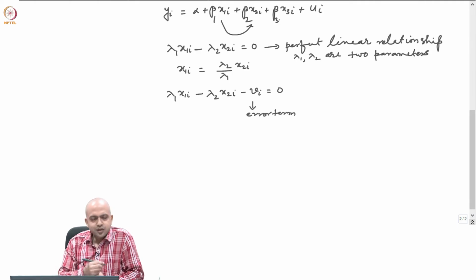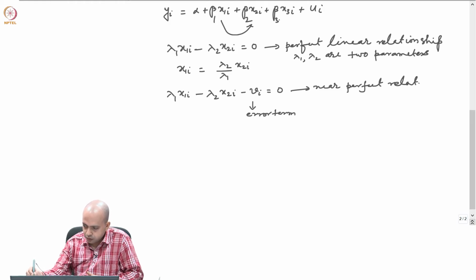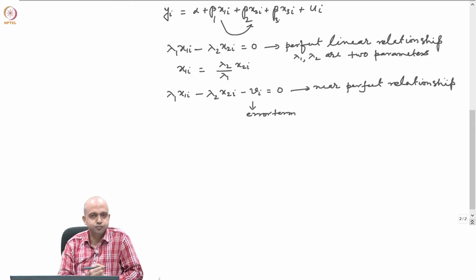So, I can say that there is no perfect linear relationship between x1 and x2, because knowing lambda 1, lambda 2 and x2i, you cannot perfectly predict the value of x1i because of the presence of vi. That is why this is called near perfect relationship. Okay. This is the meaning.